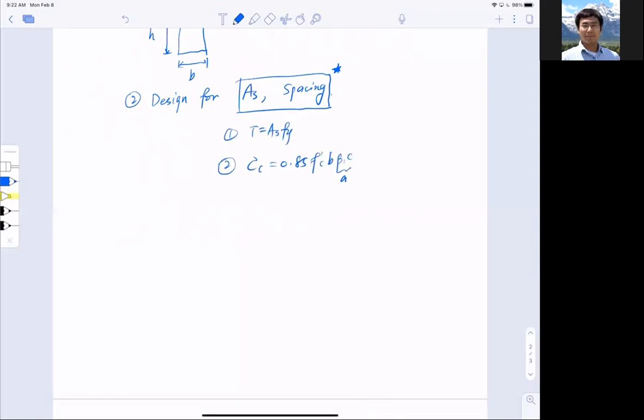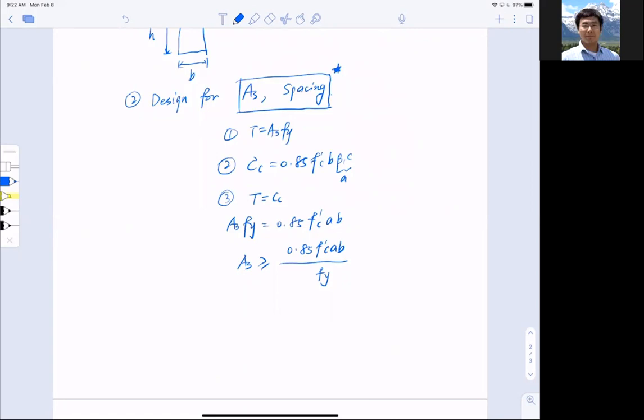Okay, and then we let tension equal to compression, and we find As fy, sorry, this is step 3, As fy equal to 0.85 f'c a b, okay, and then we just say As is equal to 0.85 f'c a b divided by fy. Okay, so this is what we do.